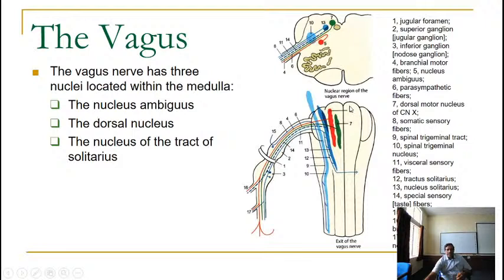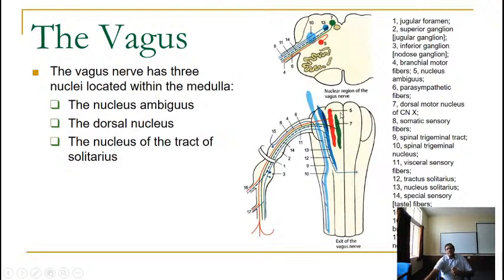These nuclei are situated in the medulla oblongata. The medulla oblongata is otherwise called the bulb. Sometimes you hear nomenclature like bulbar paralysis. That means these are the nerves which are affected. Bulb is nothing but the medulla oblongata.